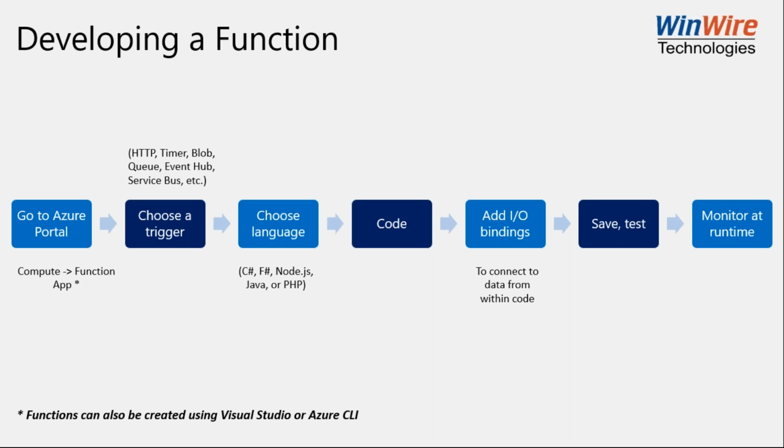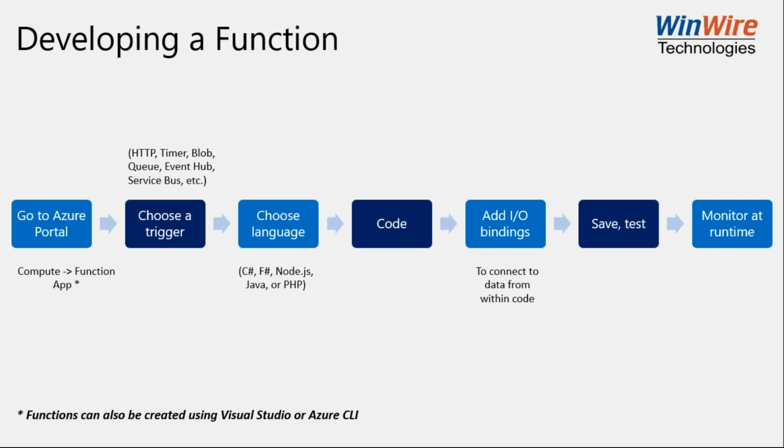As you can see, there are a few choices of triggers, whether it could be a timer, a blob that is coming in storage, or a message coming in service bus. As soon as that happens, that trigger is executed, the function runs, right? Now, you obviously have to choose a language. As I said, there are at least 5 different languages you have, and the list is growing per day.